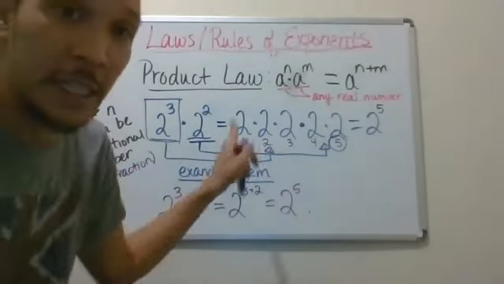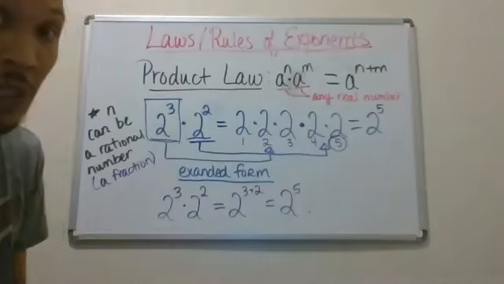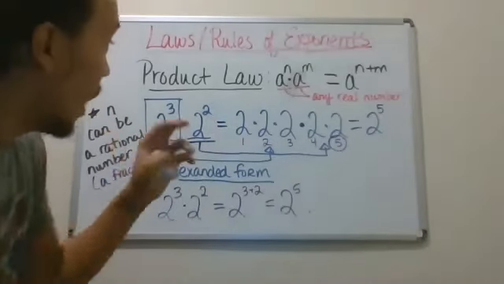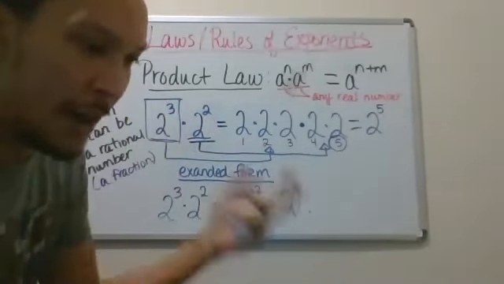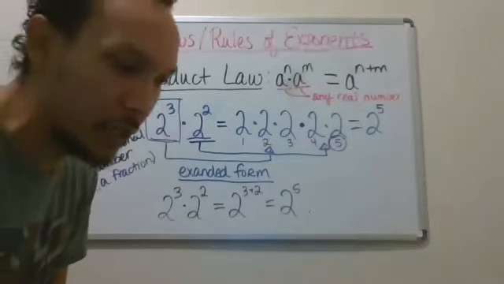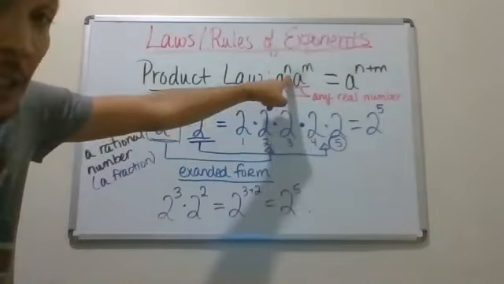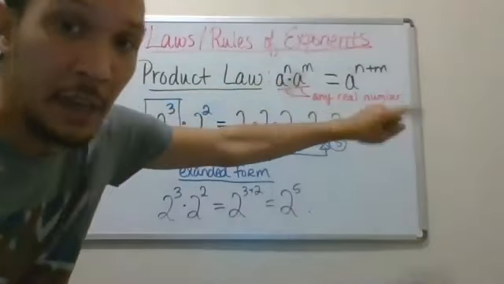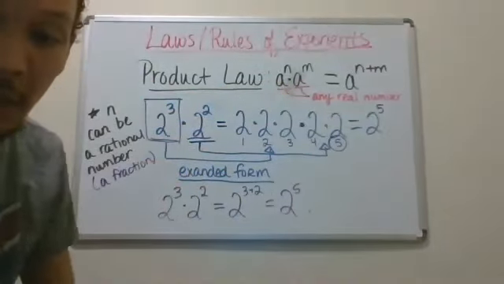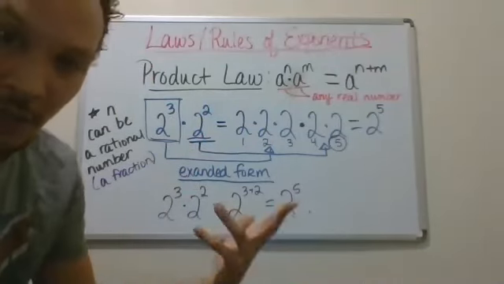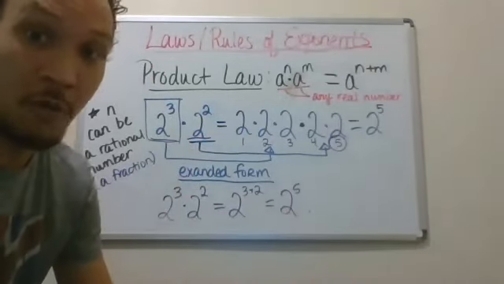And the law is still the exact same. So don't get confused. Just because I may say, what is x to the 1/2 times x to the 3rd, don't feel that something's different there because this number is now a fraction. You can still operate the exact same way. You just have to add them together. And of course, for you guys, you have to keep it in fraction form for me, all right?